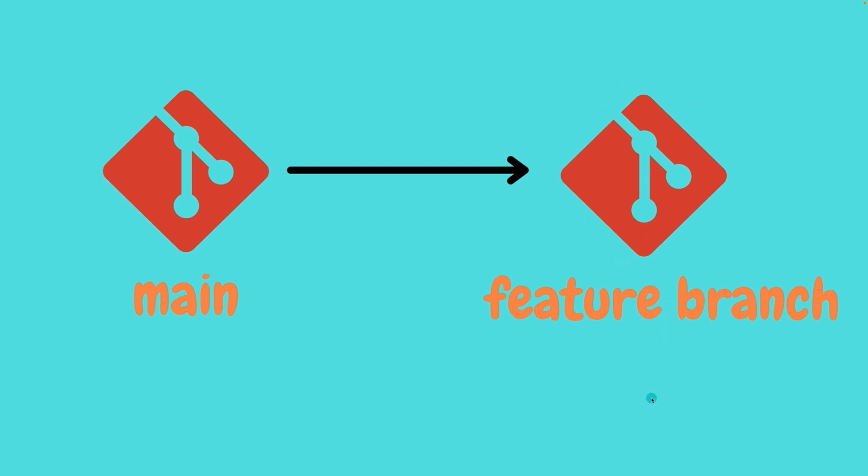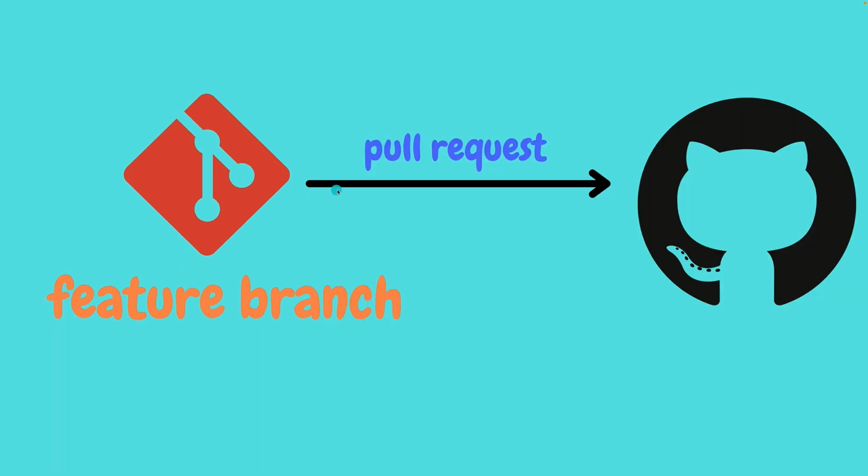Once I am satisfied with all of the changes, what do I want to do? Well, I want to merge this feature branch into the main branch. So I create a pull request on GitHub. Now, once I create a pull request, there's a few jobs that I want to do to ensure that this feature branch is working correctly and isn't going to introduce any breaking changes.